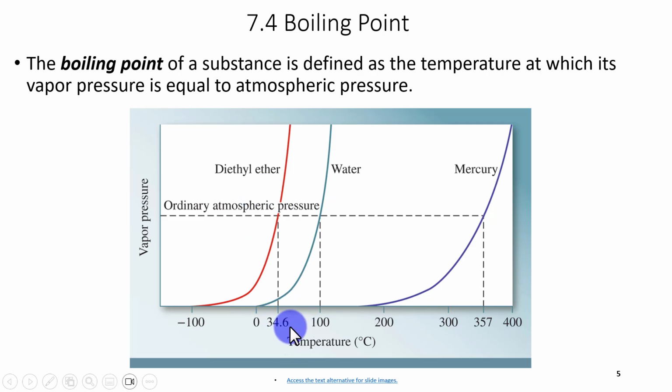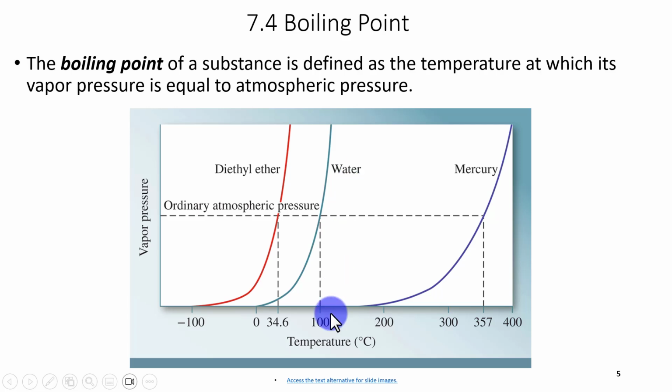Well, at 34.6 degrees Celsius, we say diethyl ether boils, because that is the temperature at which the vapor pressure of diethyl ether is equal to the atmospheric pressure.